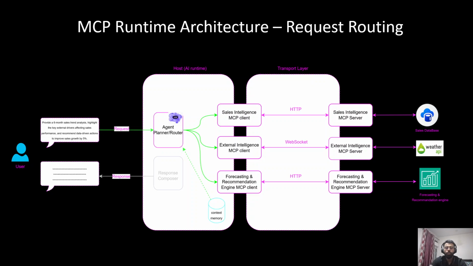Number three, to get forecasting and recommendation information, the forecasting and recommendation engine MCP server is invoked. These MCP servers then interact with their respective agents and tools to process the required information. One of the key strengths of MCP is that it is transport protocol agnostic, allowing it to work seamlessly across different transport mechanisms without requiring explicit coding for each of them.